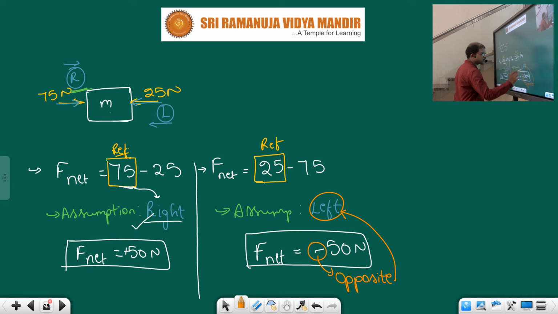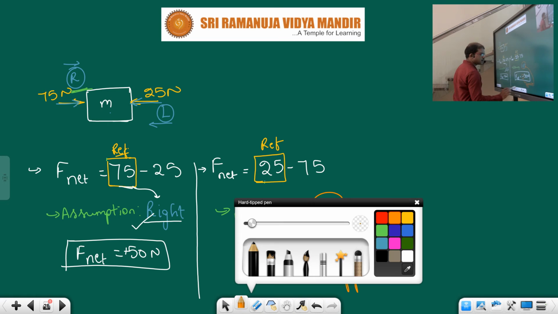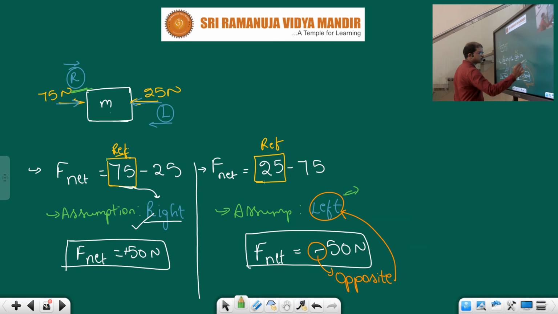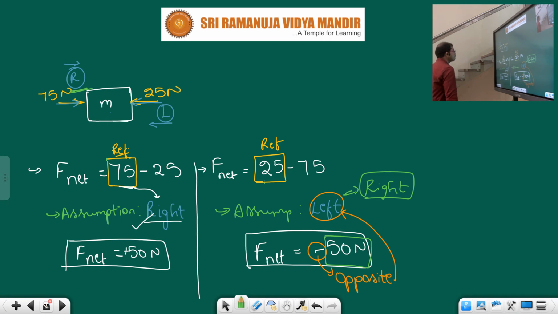What is the opposite of our assumption, left side? Right side only, no? What is opposite for left? Right. So the block is moving in the right direction with 50 newtons of net force. Clear, no? Whenever you are getting minus, we need to take the opposite of our assumption.